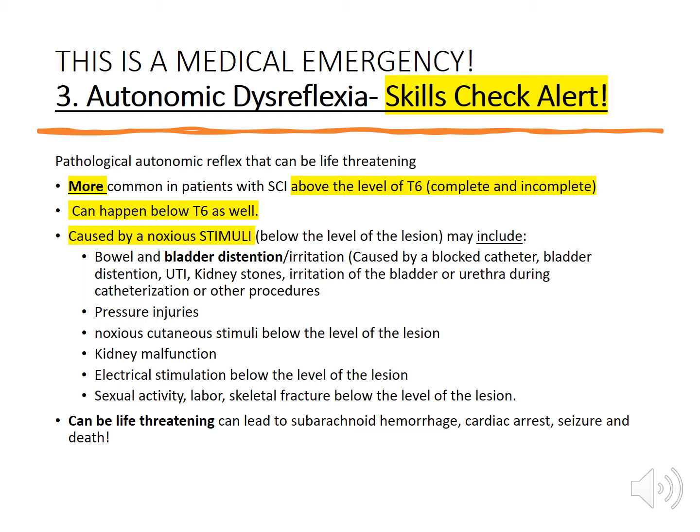If the patient has a belt and the belt is too tight, or if the abdominal binder is too tight, this may elicit symptoms of autonomic dysreflexia, which is going to be that abnormal reflex response of the autonomic nervous system. Kidney malfunction may also cause it. Electrical stimulation below the level of the lesion may also cause it, and sexual activity, labor, skeletal fracture below the level of the lesion may also cause symptoms of autonomic dysreflexia.